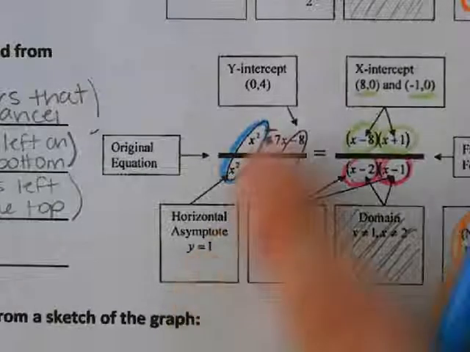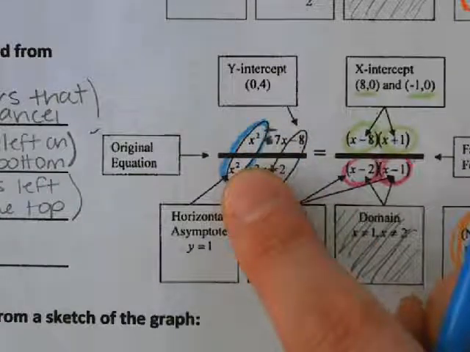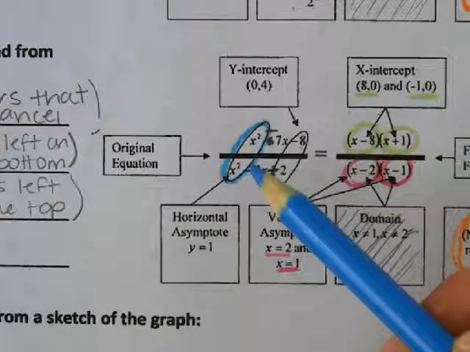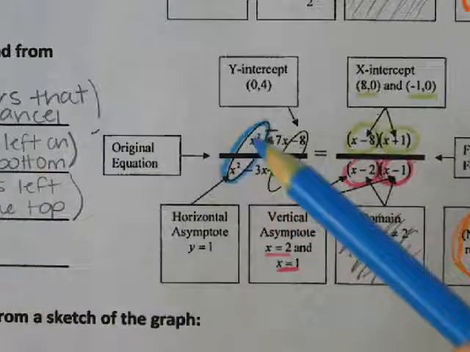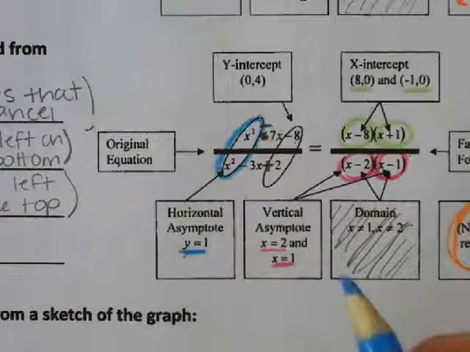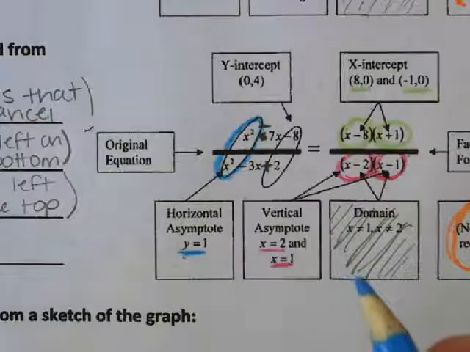Yeah, so we have an x squared on the top and an x squared on the bottom, so that means our degree is the same. And then that tells us we should look at the leading coefficient. And the leading coefficient is just the number that comes in front of the x squared. So this is 1x squared divided by 1x squared, and that makes sense for a y value where y equals 1. That's a valid answer.